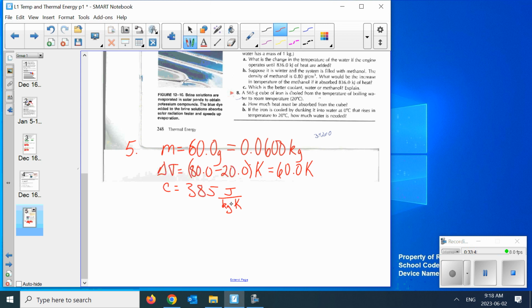And I just reviewed the formula. And I just put these numbers in here, 0.06 kilograms.